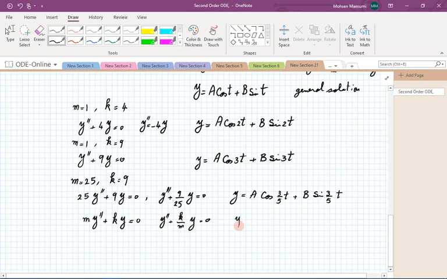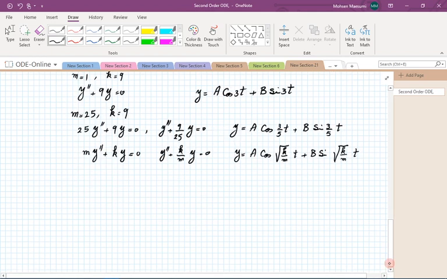And the solution of this is y is equal to a cosine of what now? What should I write? Yes, square root of k over m t plus b sine of square root of k over m t.